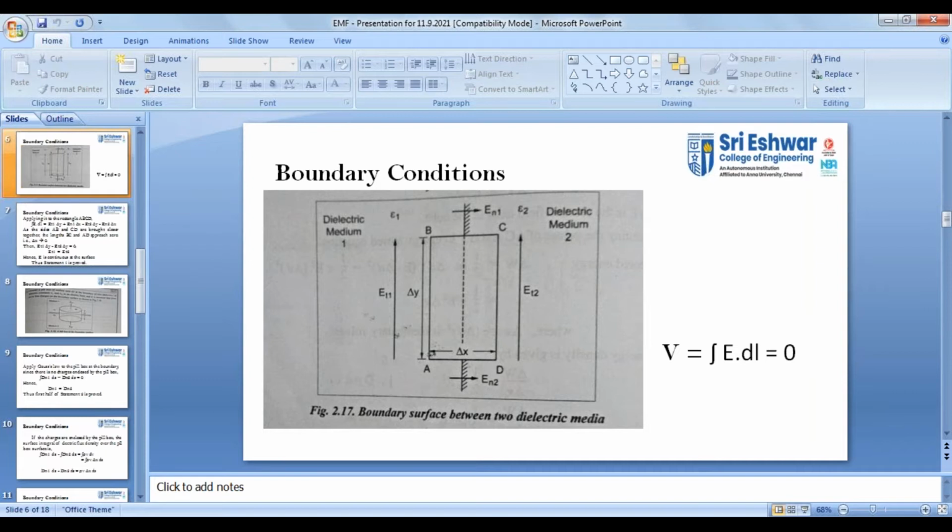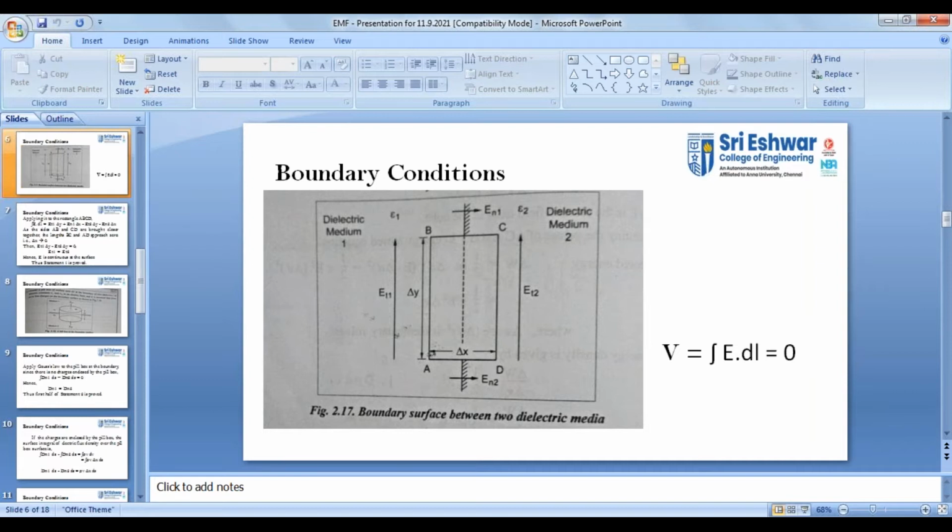The question is like: obtain the boundary conditions of electrostatic field. Or they will ask: derive the boundary conditions of electrostatic field. In some way they will ask it. For my case, I am assuming an arrangement of a rectangular box.